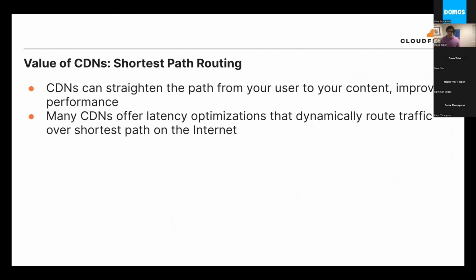CDNs will often have partner POP programs like Netflix. Cloudflare's got one where we embed in last mile ISPs to basically get as close to the user as possible so that we can kind of untangle that ball of the last mile internet, get close to you, and then deterministically route back to where you need to be, kind of straighten that line out a little bit.